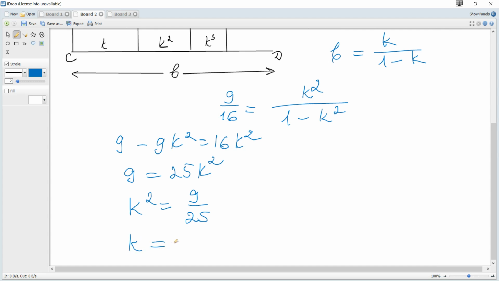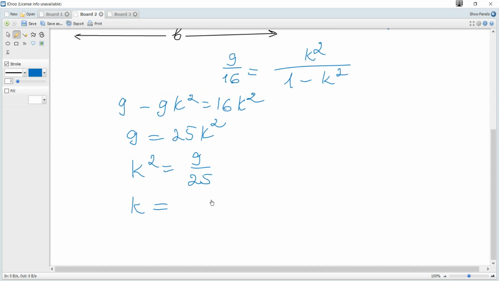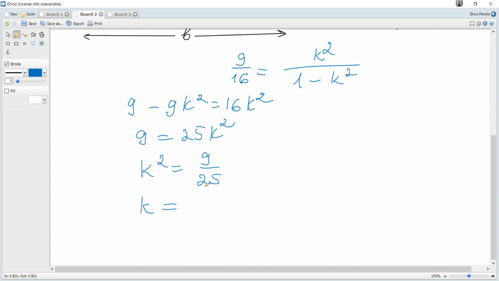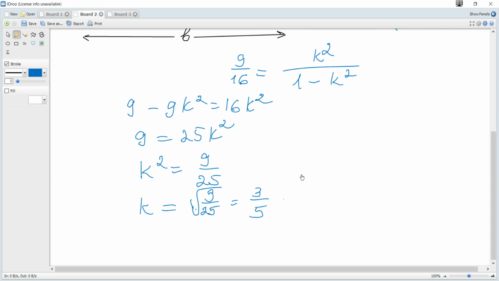K is in general plus or minus the square root, but since k is a length, it cannot be negative, so k is the positive square root of 9/25, which is 3/5.